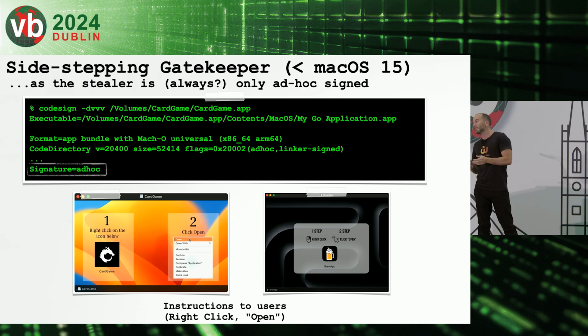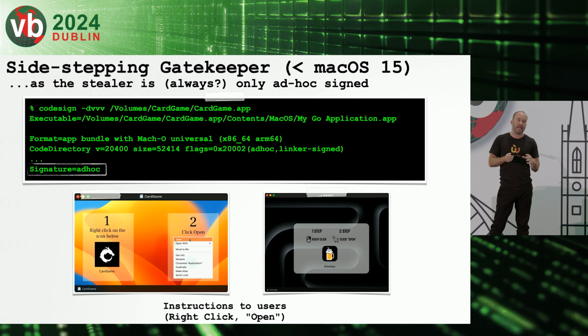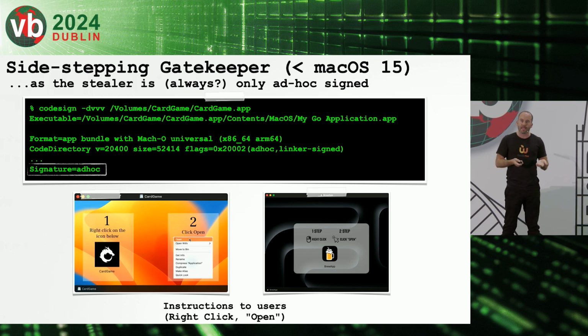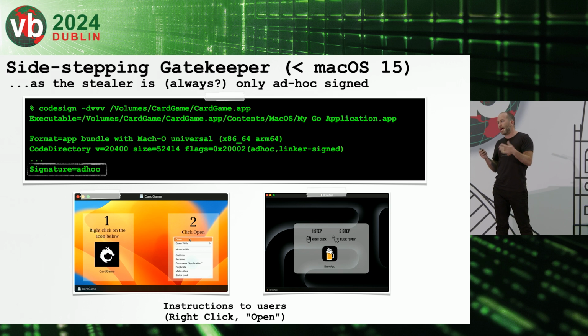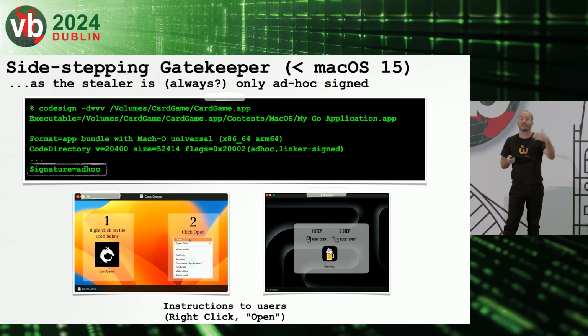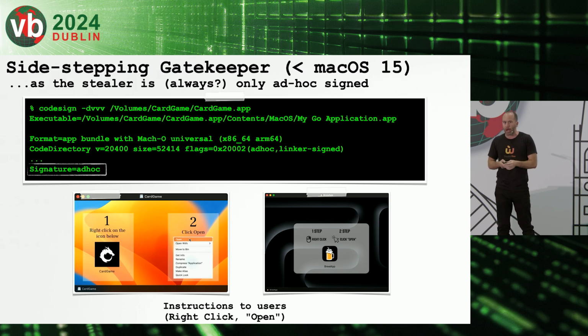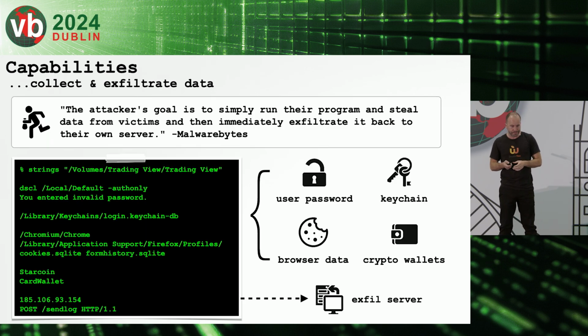So up to macOS 15, if you right-clicked on a non-notarized or untrusted application or program and clicked open, macOS would actually allow you to open it. Whereas if you just double-clicked it, macOS would be like, no, I'm not running this. So we can see some examples on the slide where the disk image, which contains the malware, also contains the instructions to get the user to sidestep macOS's built-in mechanisms.